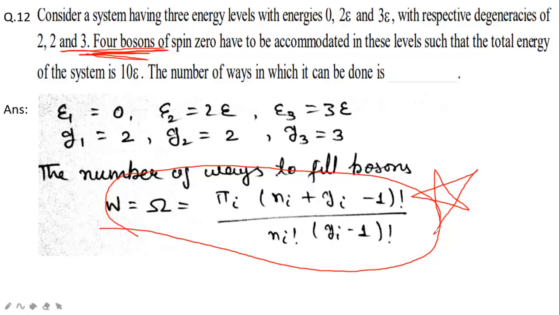It is W equals omega equals product over i of (Ni plus gi minus 1) factorial over Ni factorial times (gi minus 1) factorial. We know the meaning of summation is to sum up the terms, but the meaning of pi is to multiply the terms.